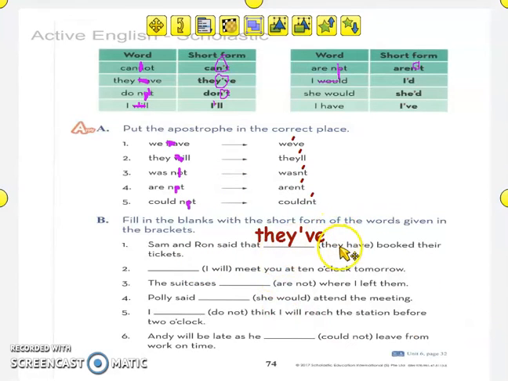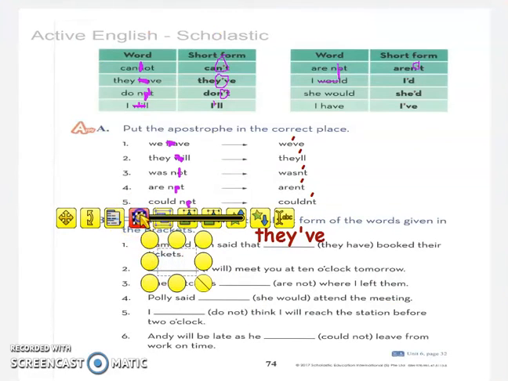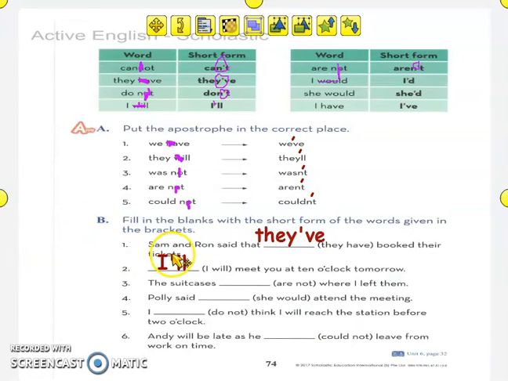Number 2. I will meet you at 10 o'clock tomorrow. The short form of I will is I'll. Very good. And we use the apostrophe instead of the missing letters.